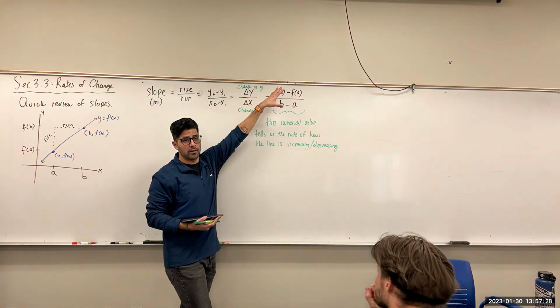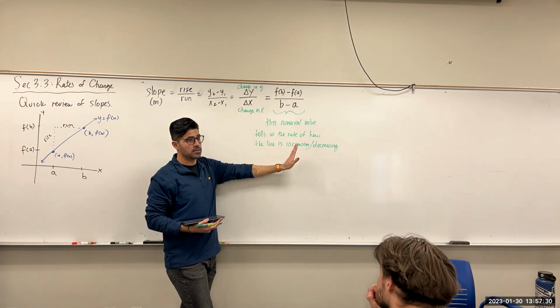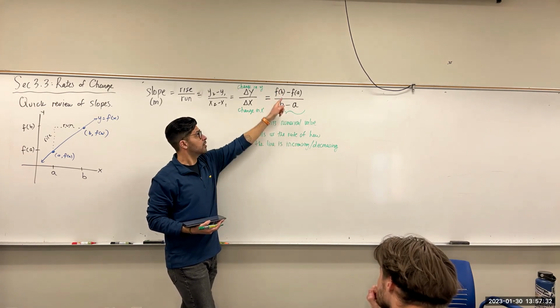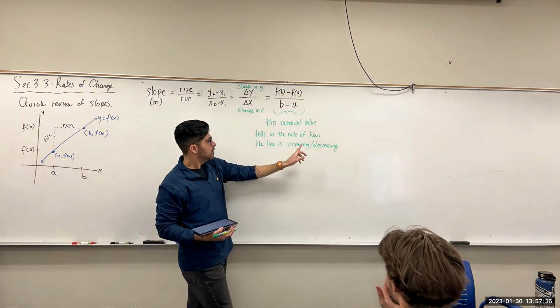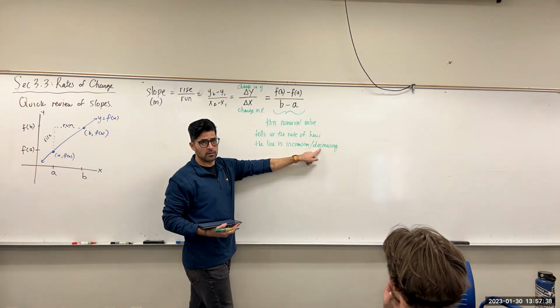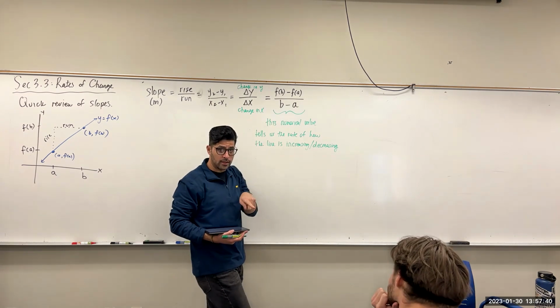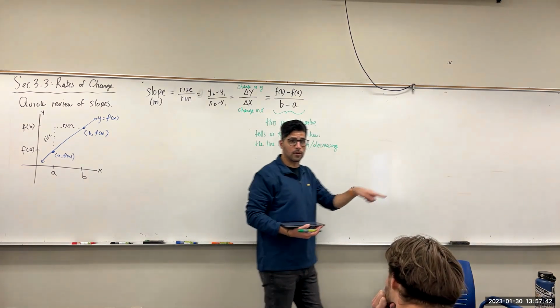If you compute the slope and you get a positive answer, that means your y values are going to be increasing as x increases. But if you get a negative answer, that means the y values are decreasing as x increases. Okay?